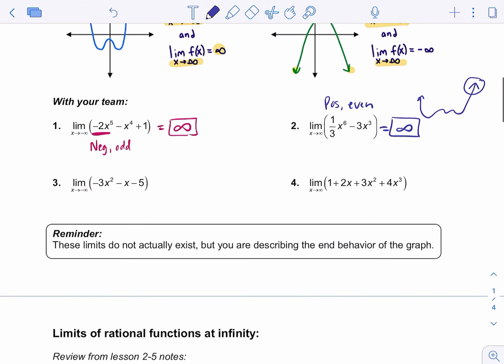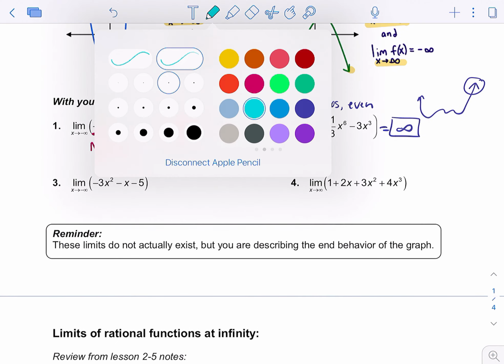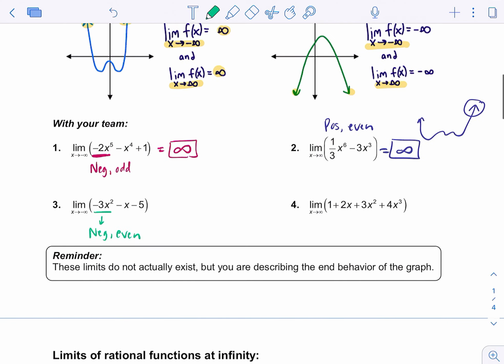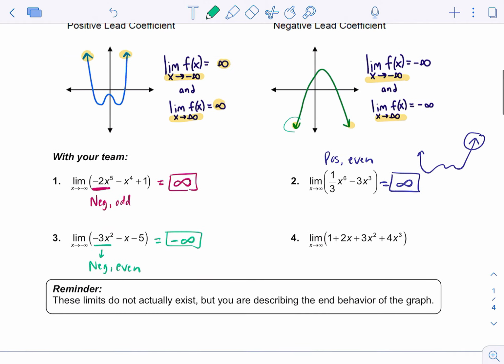Next up, for number 3, our lead coefficient is negative, and the degree of this function is even. So for a negative even, they both end going the same direction. So this would be going down to negative infinity. That would be this guy over here.